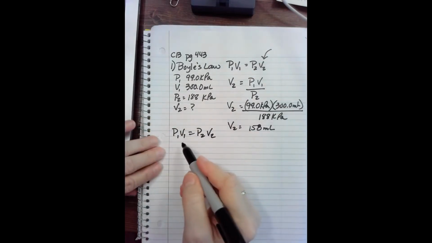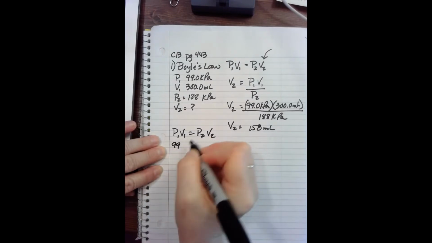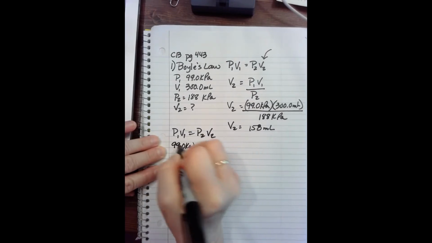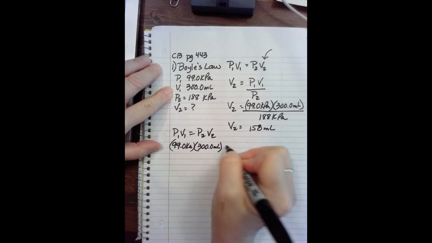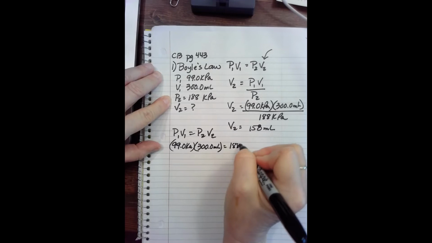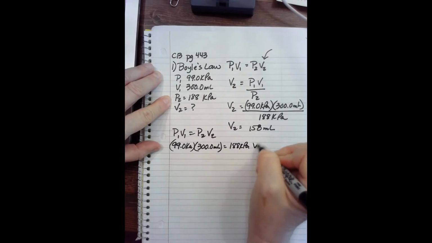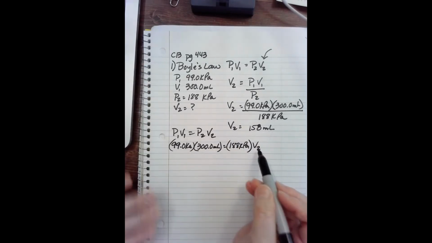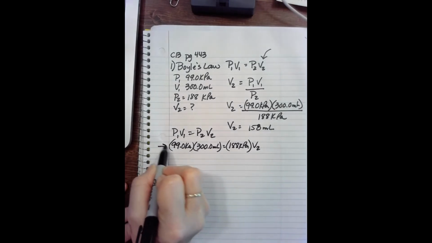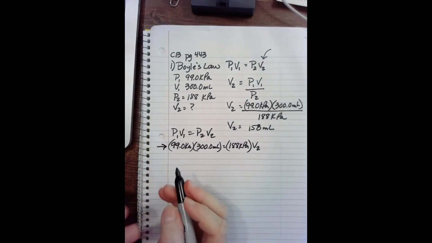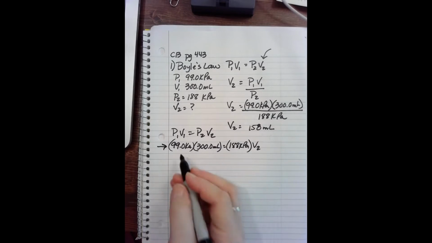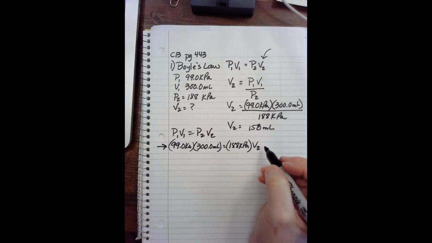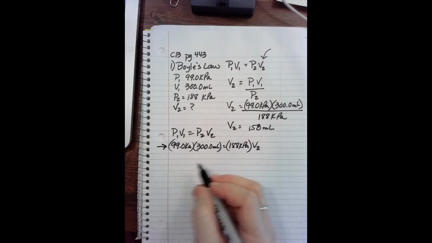And then I would just take my chart information and fill it in, 99.0 kPa, and this volume is 300 milliliters, equals the pressure 2 is 188 kPa, and then there's the V2, all right? And if you have done this, then I would consider that, because I believe that you understand algebra, as you showing me the math, okay? You showing me what you did.